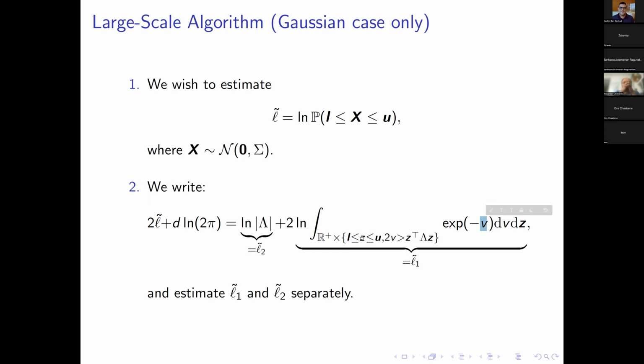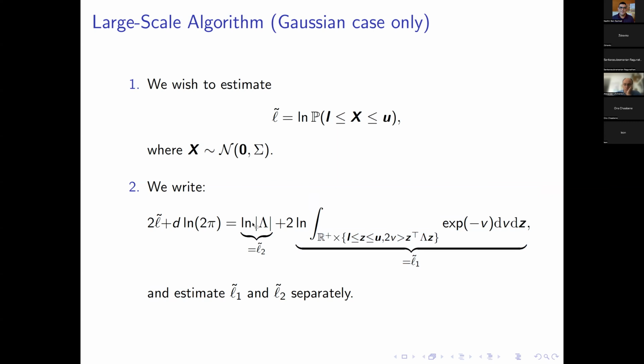I will get an exponential here. I'll get something that looks like the Gaussian density without its determinant, without this lambda. So the idea of the large-scale algorithm is to estimate the log determinant and this integral separately.